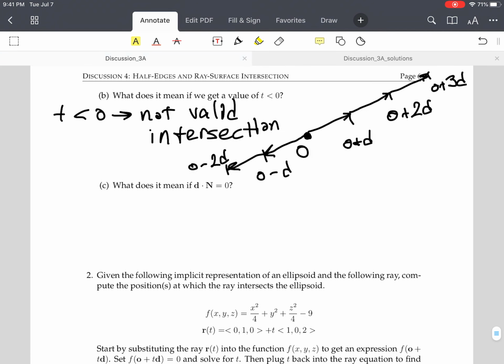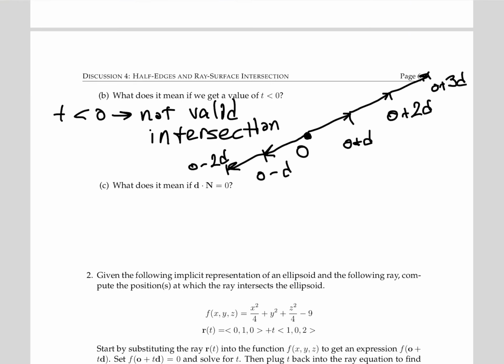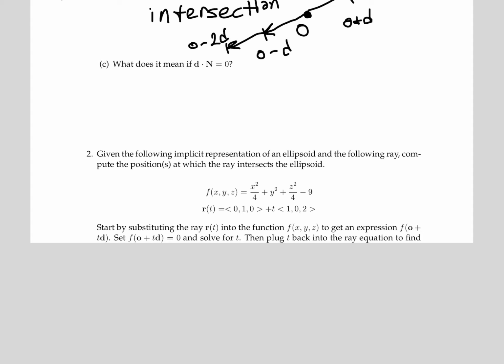So the next question is, what does it mean if d dot n is equal to 0? D is the direction of the ray, and n is the normal of the plane. And if you watched the linear algebra intro discussion, you know that if the dot product of two vectors is 0, that means they are perpendicular. So there's a 90-degree angle between them.